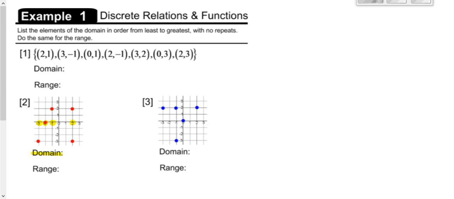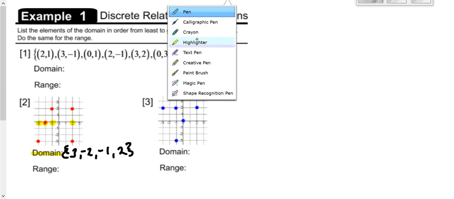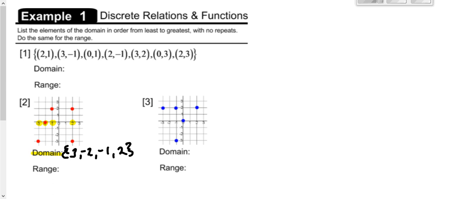So my domain in this graph is -3, -2, -1, and 2. My range in this graph, all of my y values, is -3, 0, and 2.